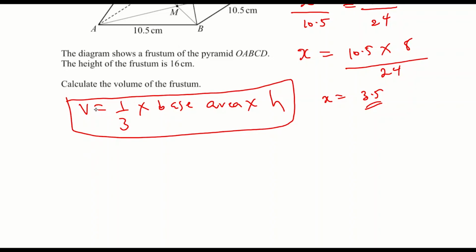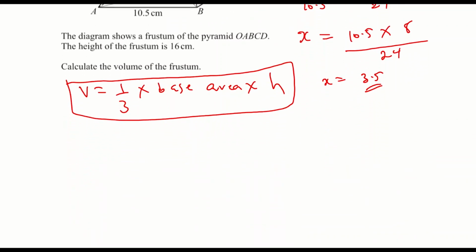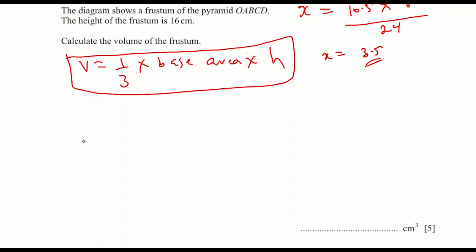So this is what you use to get the volume of a pyramid. In this case, since we need the volume of the frustum, we will do the volume of the bigger pyramid minus the volume of the smaller pyramid. That will leave you with the volume of the frustum.